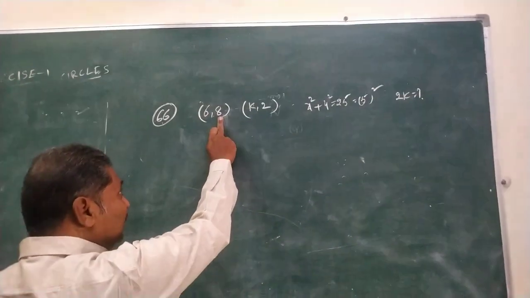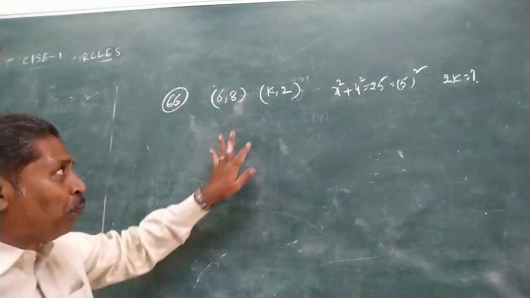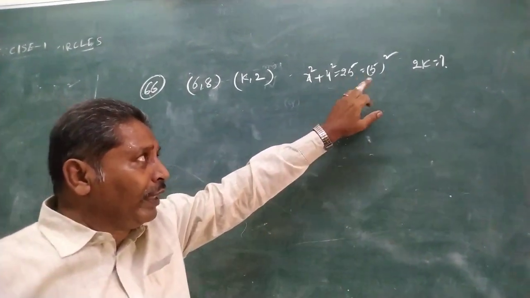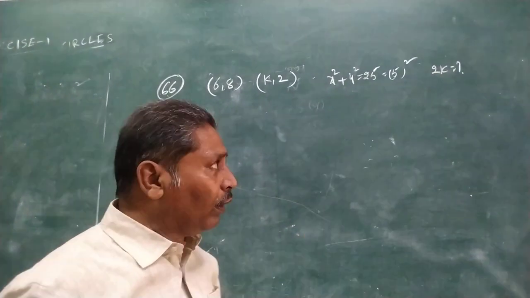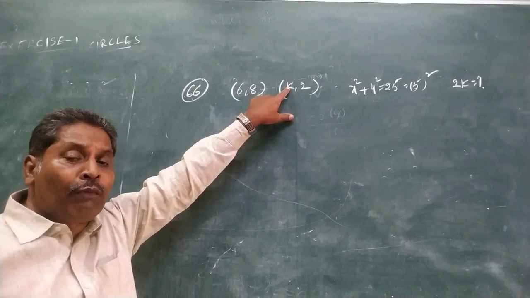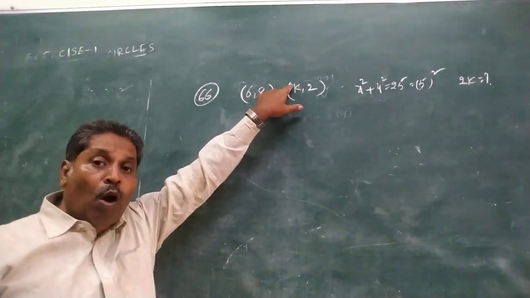6, 8 and k, 2 are inverse points with respect to this circle. Then find the value of 2k. Given these two are the inverse points. Inverse points are also conjugate points.